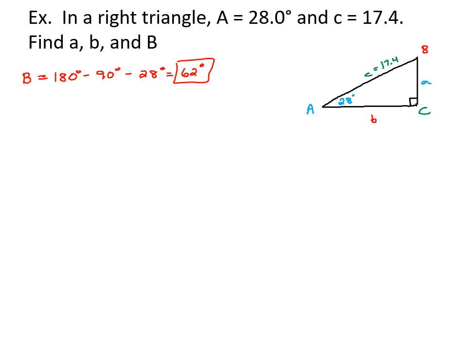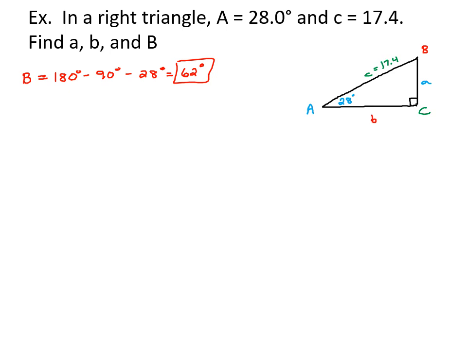So I need a trig function that is an opposite with a hypotenuse. There are two of those. You can use sine, which is the opposite divided by the hypotenuse, or you could use cosecant, which is the hypotenuse divided by the opposite side. I never, ever, ever use secant, cosecant, or cotangent. I always use either sine, cosine, or tangent.